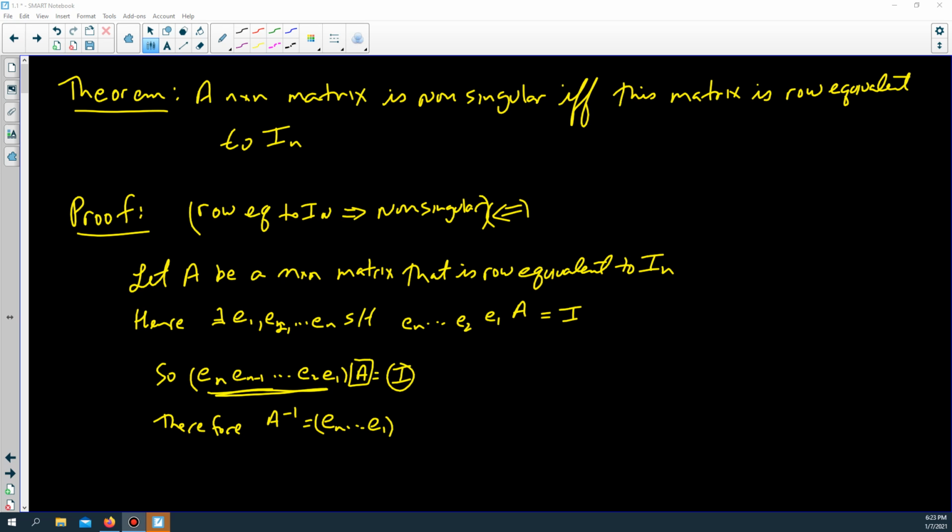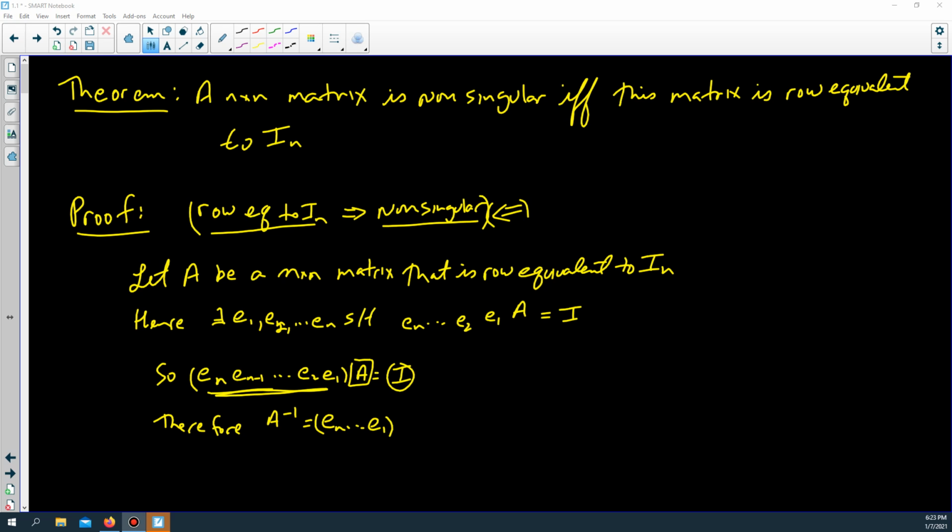I showed that A is non-singular. First, I assumed that A was row equivalent to I, and then I showed that it was non-singular, I sub little n.